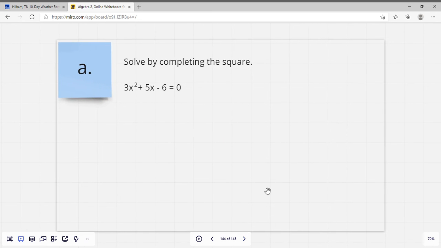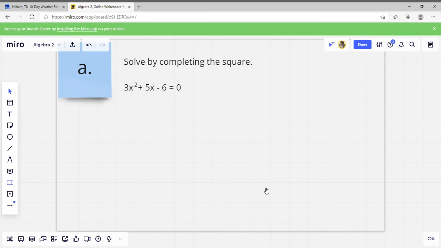Okay, so hopefully you guys paused the video to work these practice problems. Here is A. Alright, so our leading coefficient is 3, so we're going to divide every term by 3. And we're going to get x squared plus 5 over 3x minus 6 divided by 3 would just be 2 equals 0.